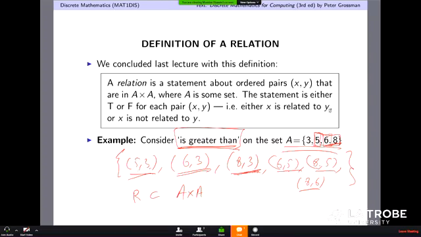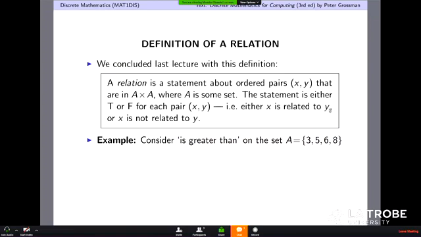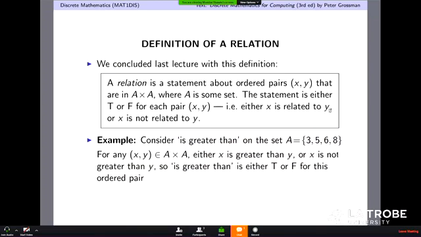First element is from A and the second element is also from A. So this relation is an operation, I should put a star, on A cross A. Okay. So for xy, x is greater than y or x is not greater than y. So is greater than is either true or false for this order here. So is greater than is a relation.